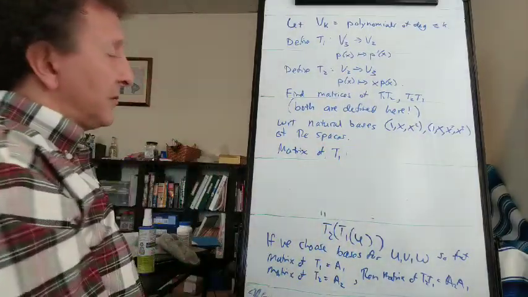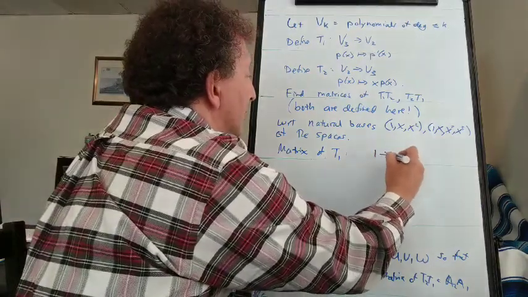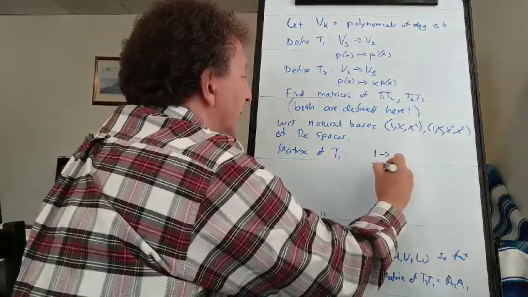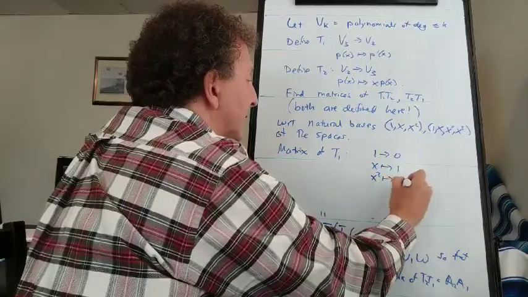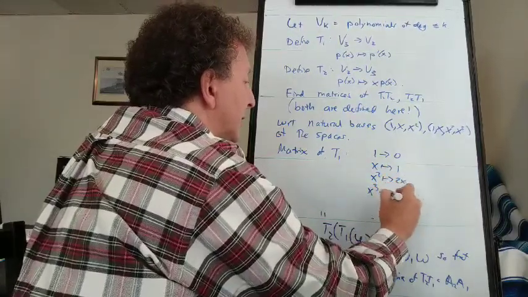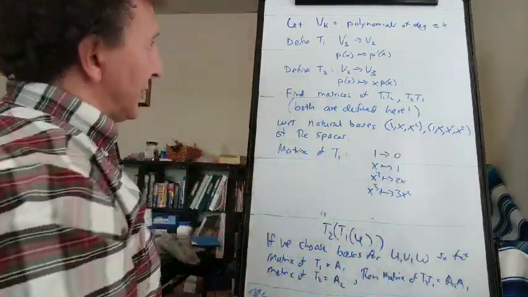So let's look at the matrix of T1. T1 maps 1 to 0, x to 1, x squared to 2x, and x cubed to 3x squared, because T1 is differentiation.